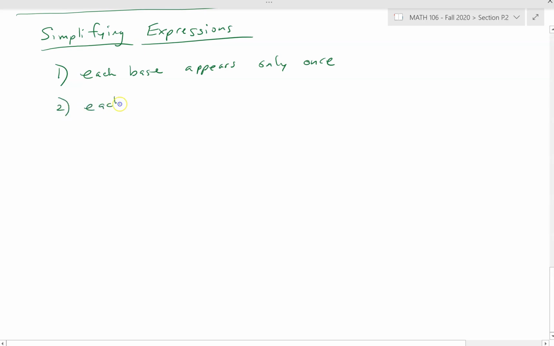All right, each exponent is a positive number. So that just means get rid of those negative exponents.